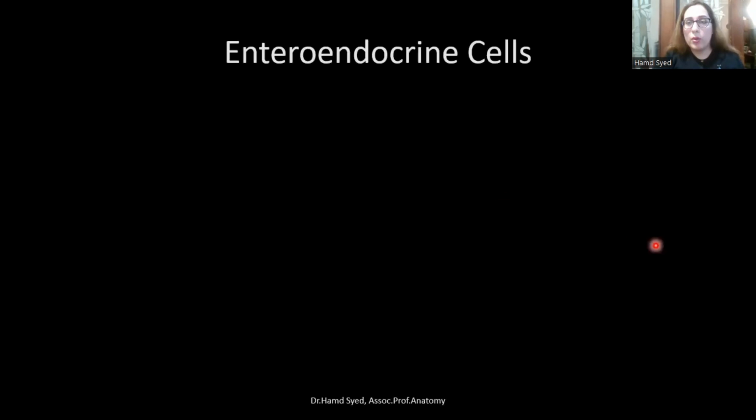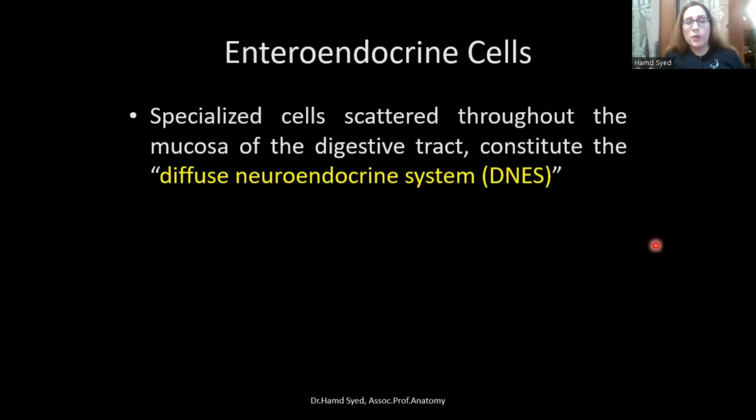Okay, now we're going to talk about the other cell type which is present within the gastric glands, especially in the fundus of the gastric glands, and they are the enteroendocrine cells. Remember, the enteroendocrine cells are specialized cells which are present throughout the mucosa of the digestive tract, and they are collectively known as the diffuse neuroendocrine system, abbreviated as DNES.